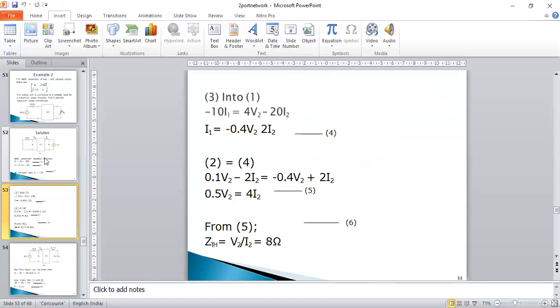Then we find 10 I1 is equal to 4 V2 minus 20 I2, from which we find I1 is equal to this much minus 0.4 V2 2 I1. This is equation number 4. Equating equations number 2 and 4, we get equation number 5. From 5 we find that ZTH is equal to 8.